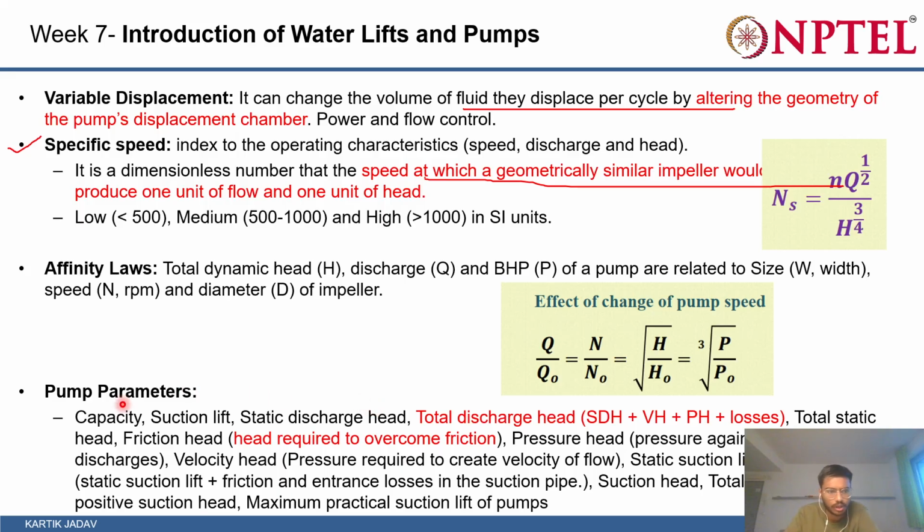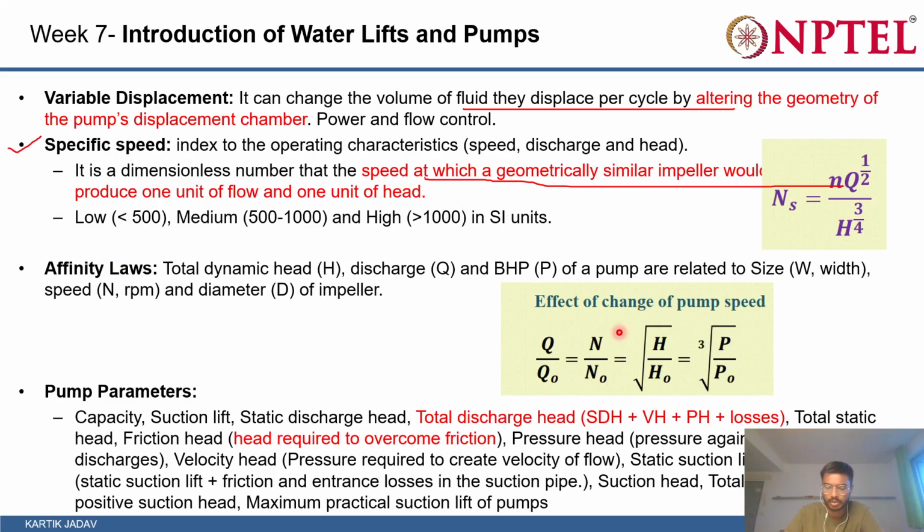Then we have talked about pump parameters. So pump capacity is basically about the flow rate it works on. Then suction lift, then static discharge head, then total discharge head. Total discharge head is combined of static discharge head, variable head, velocity head, pressure head, and other losses. Then total static head and friction head, which we have talked about based on the diagram.